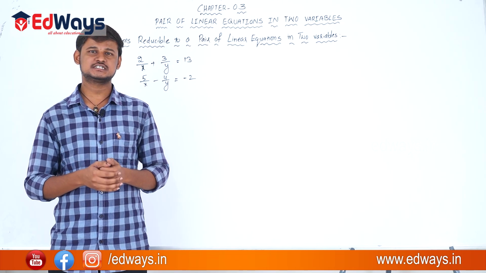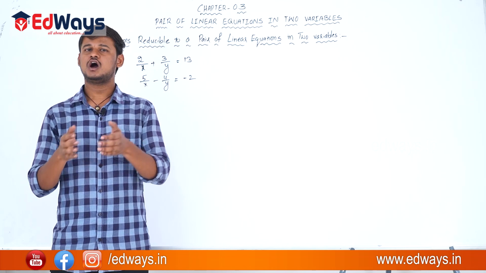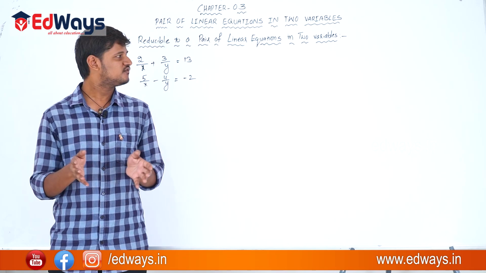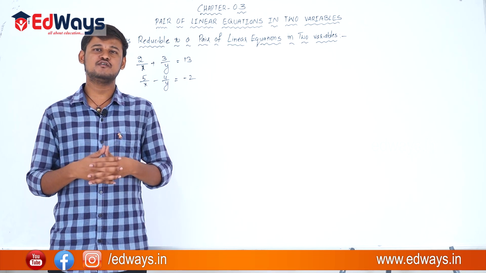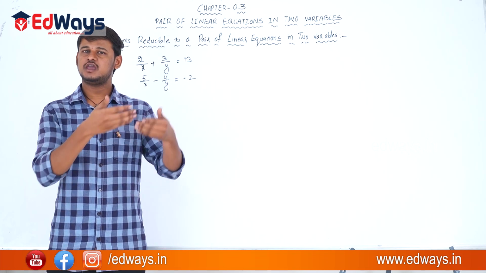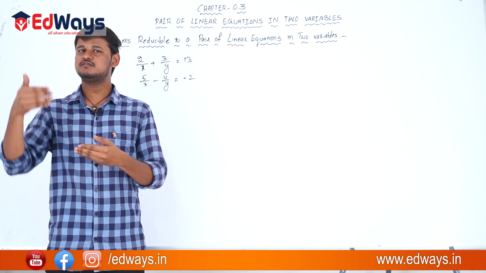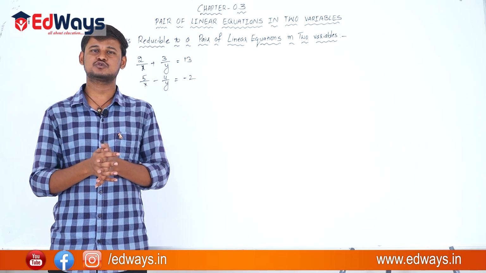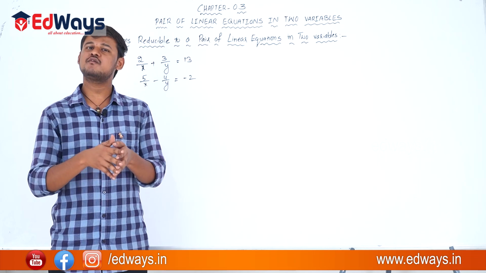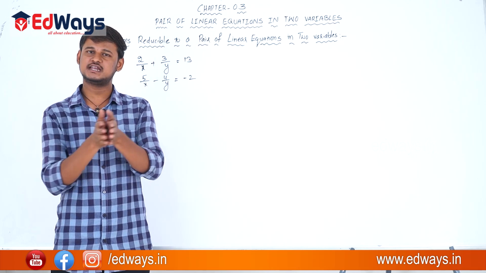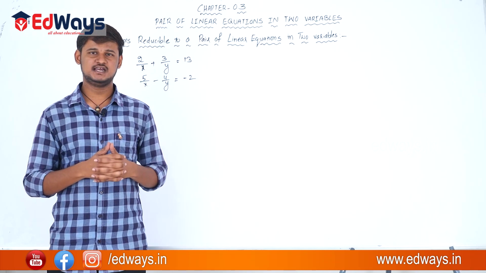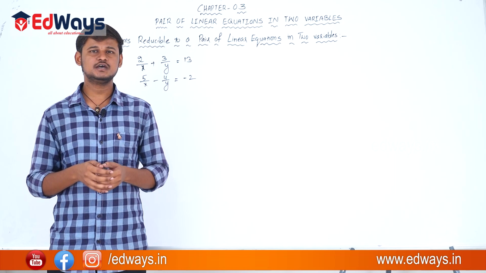We also discussed how to identify the types of lines just by comparing their coefficients, that is a1 by a2, b1 by b2, c1 by c2. Just by comparing the coefficients of a pair of linear equations, we can tell what type of lines they form on the graph, whether they are intersecting, coincident or parallel lines. These are all things we learned in the previous class.